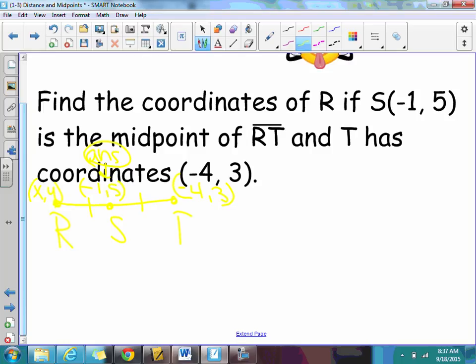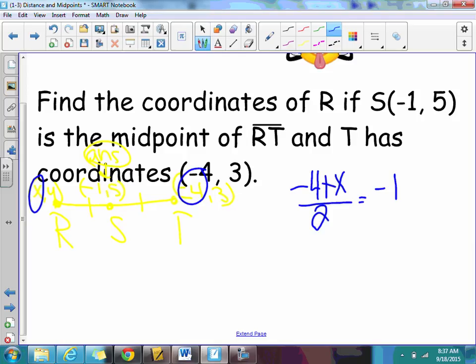Again, if I want the midpoint, I want to average. So my two x's this time are -4 and x. Average says to add and divide by 2. What should the average of my x's equal? -1. And how do we know that? That's the midpoint, the x coordinate.